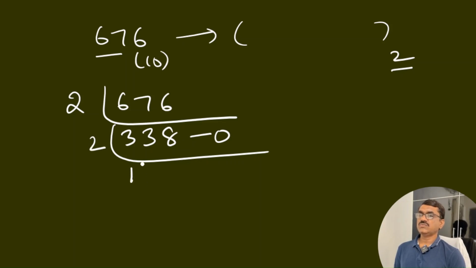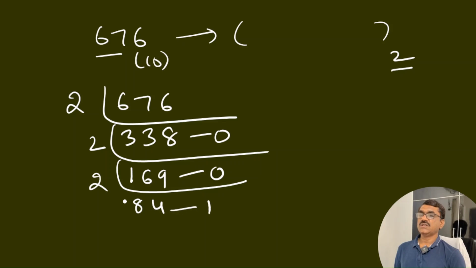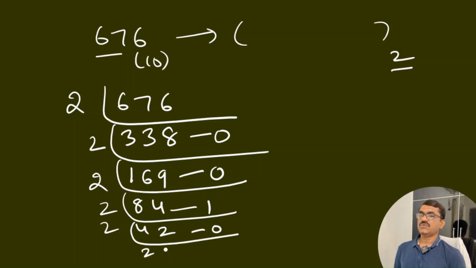Now 2 1s are 2, 2 6s are 12, 2 9s are 18, the remainder is 0. 2 8s are 16, 2 4s are 8, the remainder is 1. 2 4s are 8, 2 2s are 4, the remainder is 0. 2 2s are 4, 2 1s are 2, the remainder is 0.